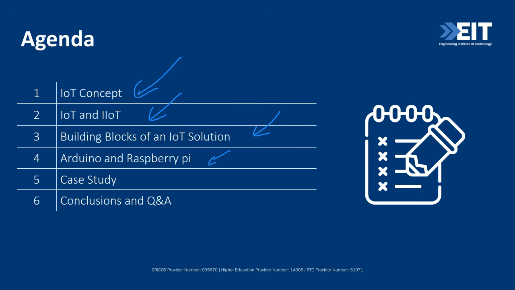From these building blocks of IoT, we'll be mentioning two platforms that are really excellent platforms, that are Arduino and Raspberry Pi, and we'll comment on them, when to use each one of them. We'll pick up a case study, a case I'm personally familiar with, and finally, conclusions and questions and answers. So we'll attempt to do all the questions by the end of this webinar.